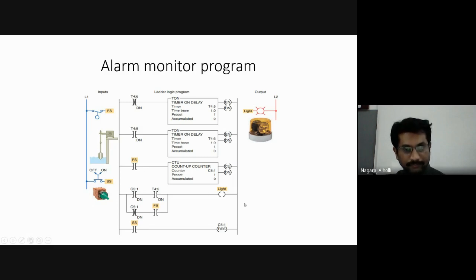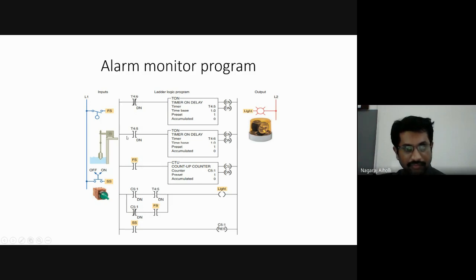Okay. Then, next, what will happen? C5:1 is an examine if open instruction, on the C5:1 done bit. If it is still counting and has not reached the preset value, it is 0.